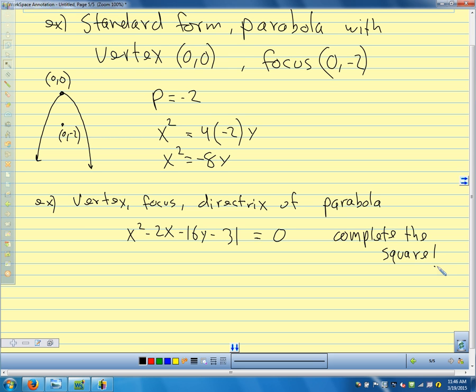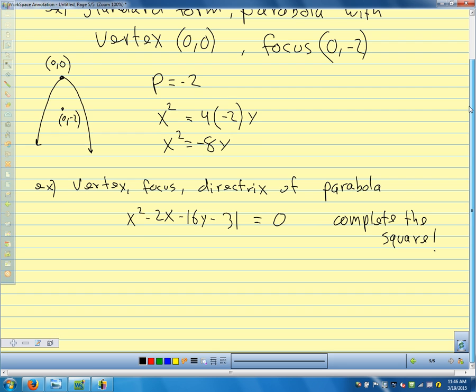But we're lucky on this one because we only have x squared, so we only have to complete the square once. Or I should say it another way: it's not that we only have to, we only get to complete the square once. Since the x is squared, we're going to put that by itself on the left and get everything else on the right-hand side of our equation. So x squared minus 2x equals 16y plus 31.